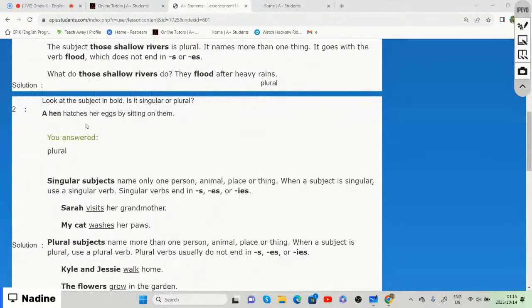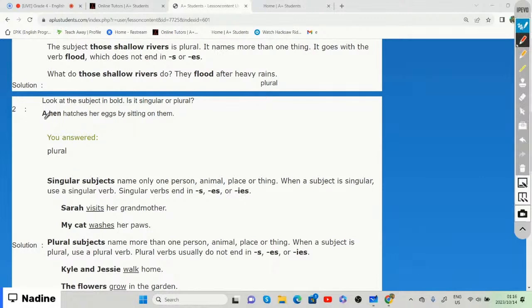All right. A hen hatches her eggs by sitting on them. A hen is the word in bold. So a hen hatches her eggs by sitting on them.